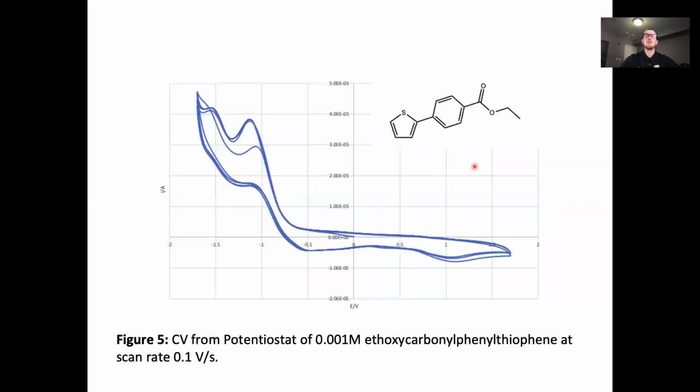Now, to also contribute to this using cyclic voltammetry, we were able to do this sort of research with ethoxycarbonyl phenylthiophene shown here. And as you can see, in this area, this is our main point of concern. We were only able to test this at 1 scan rate, and at 1 scan rate, we are able to see just the oxidative behaviors.